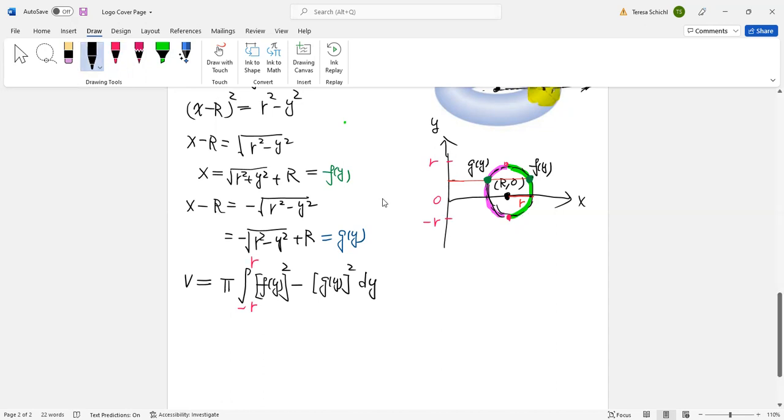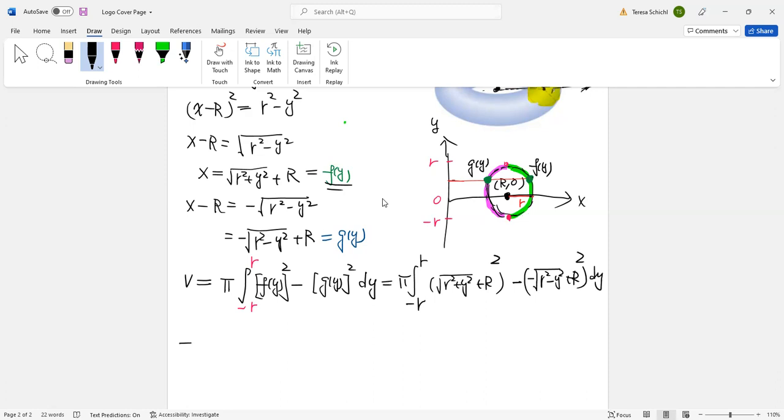After you set it up, the remaining will be pretty easy. So this one will be pi, integral from negative r to R. F(y) is here, so it's the square root of R squared minus y squared, plus r, the whole thing squared, and minus g(y), which is negative, so negative the square root of r squared minus y squared plus r, the whole thing squared, dy.